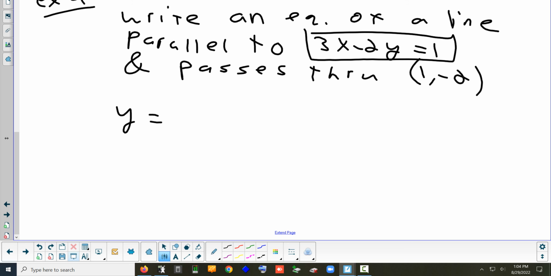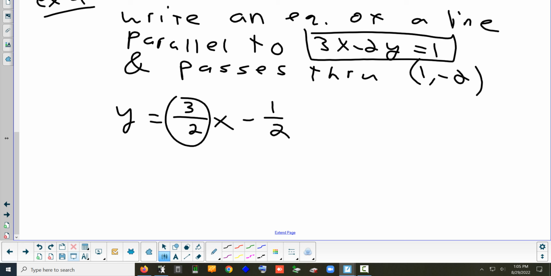So that would be y equals, we would minus the 3x and then divide by negative 2. So minus the 3x and divide by a negative, so that would become positive. And the y-intercept, well, I don't even care what the y-intercept is, but it would be negative 1/2. So here's your slope.